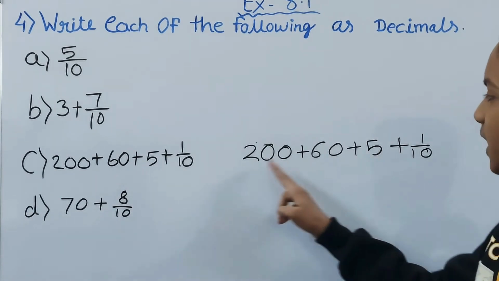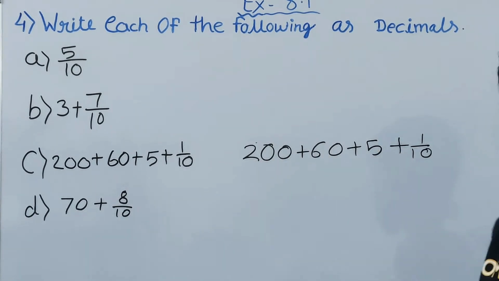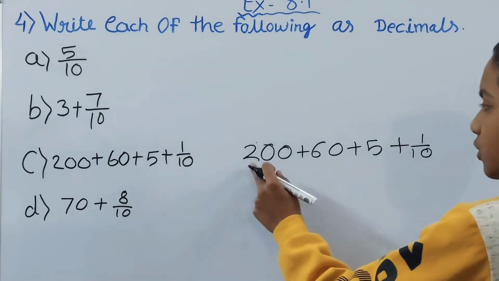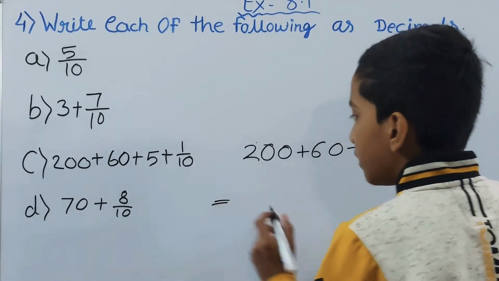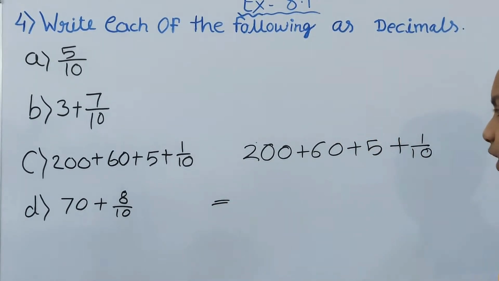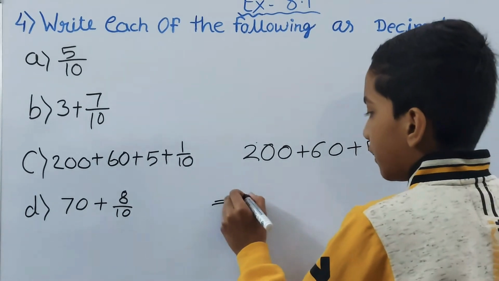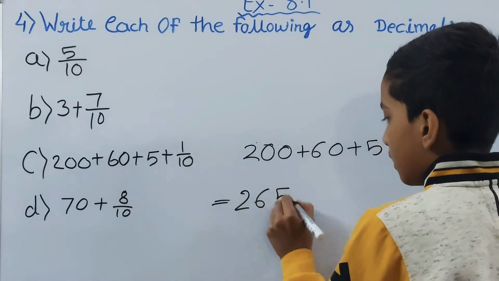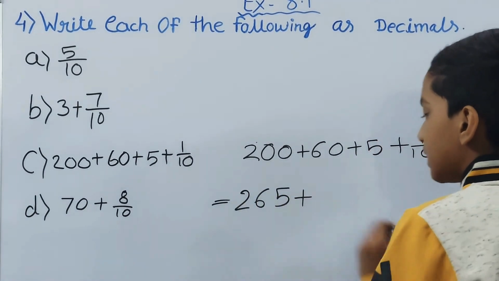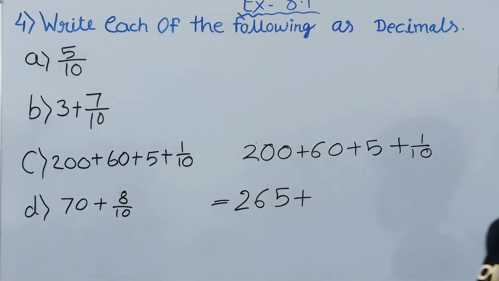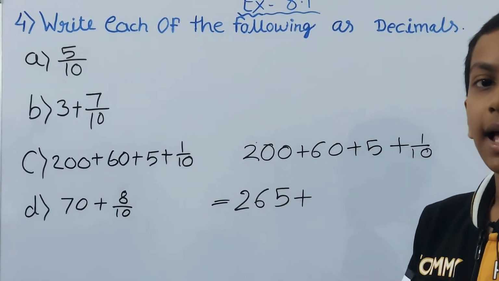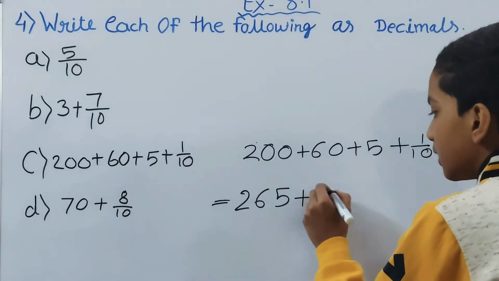First we will add this 200, 60 and 5, and then we will add the decimal form of 1 upon 10. So 200 plus 60 becomes 260, and plus 5 becomes 265. So 265 plus this 1 upon 10, when we convert it into a decimal, that will become 0.1.